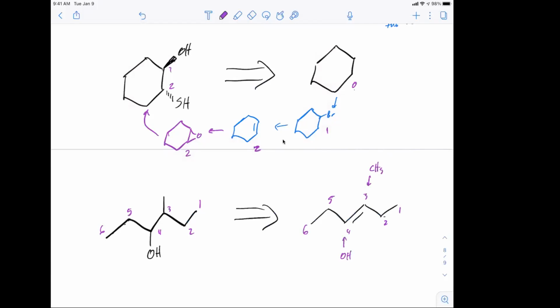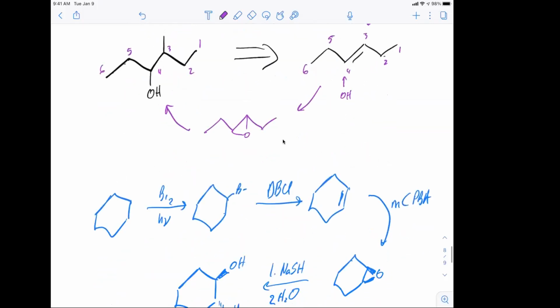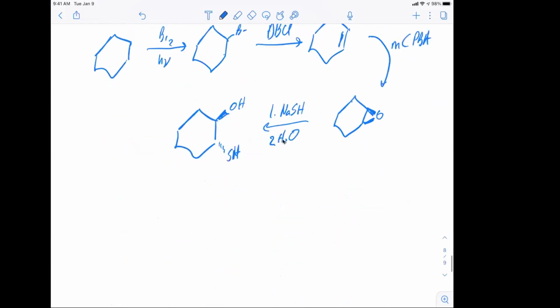If I had added alcohol, I would have gone from 3 and 4 to 3, and then I wouldn't have had any reactivity on 4. So the way to do that is to go through the epoxide, because that still keeps me with this 3-4 arrangement, and then go to the addition. Also, an important thing about the epoxides is that they maintain that 1-2 type functionality that I could lose if I just went to an addition product that only added to one of the 2 carbons.